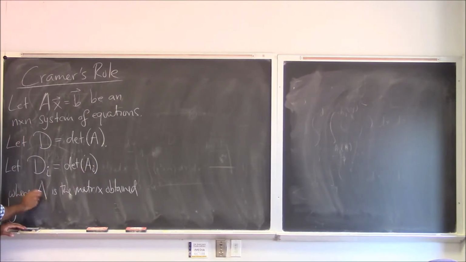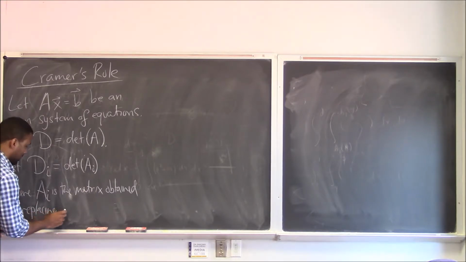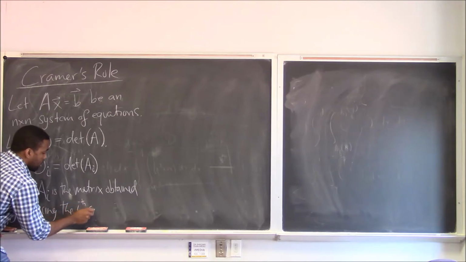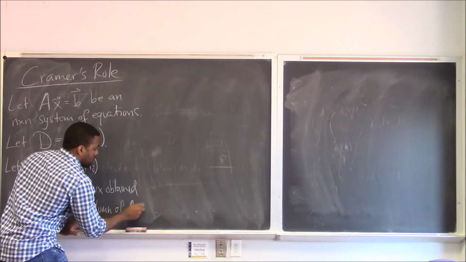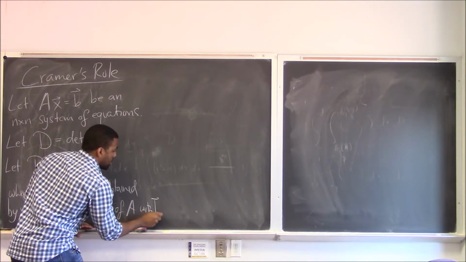I want you to realize that this is always relating to the coefficient matrix, by replacing the ith column of A with B. Now I'll show you an example of this if you need it.